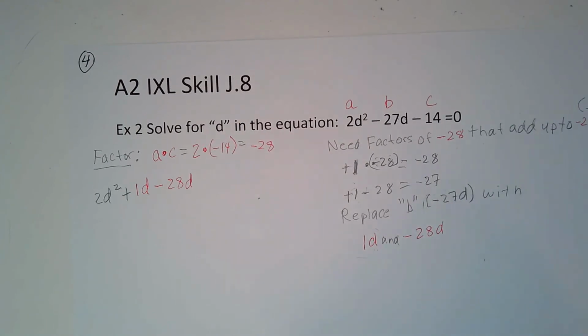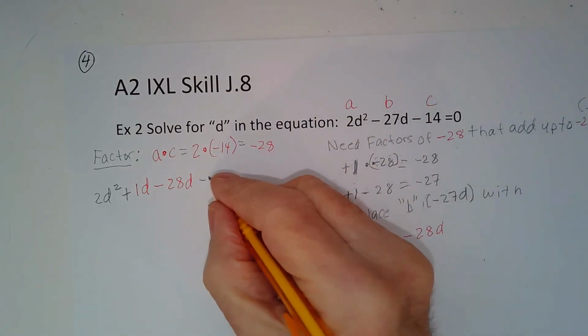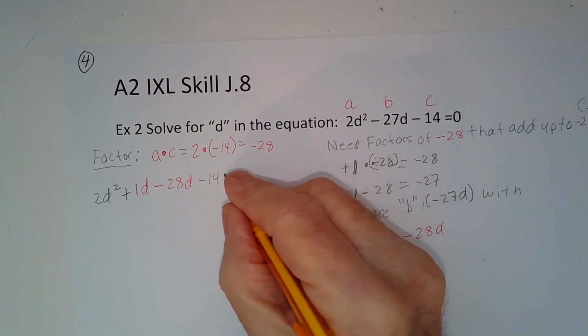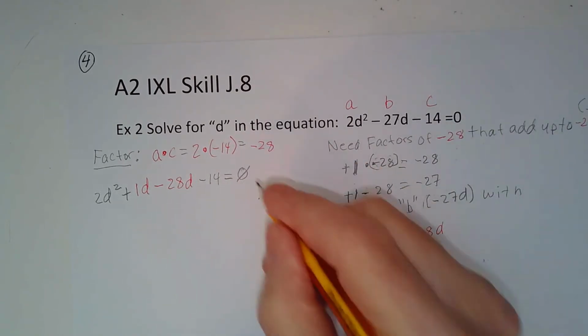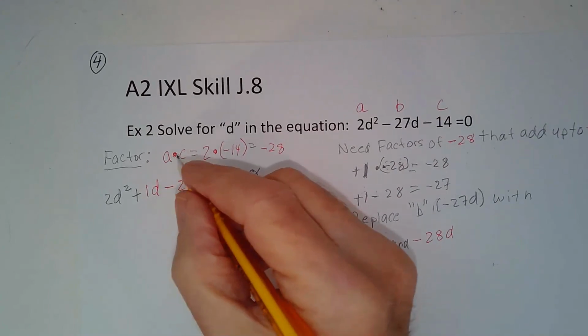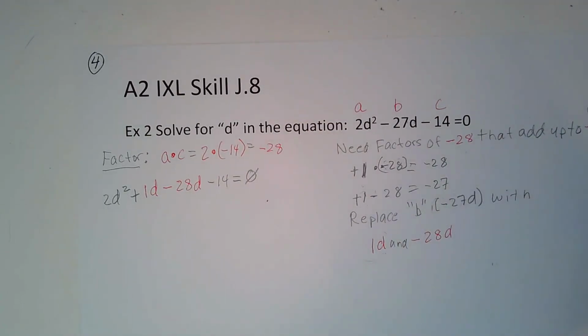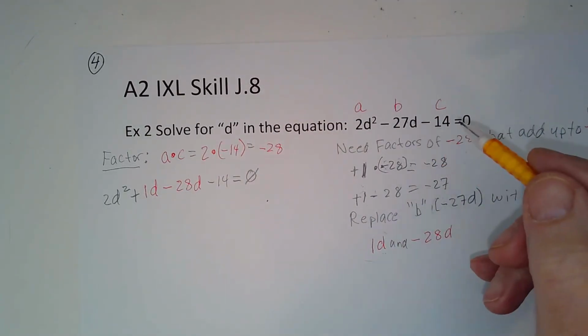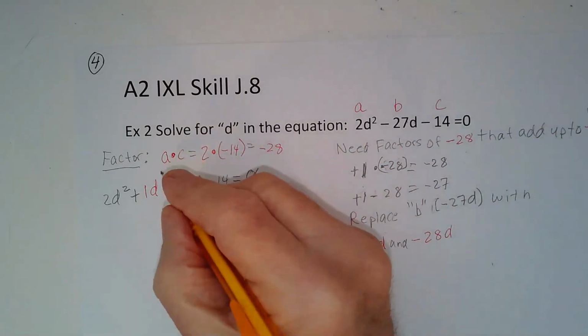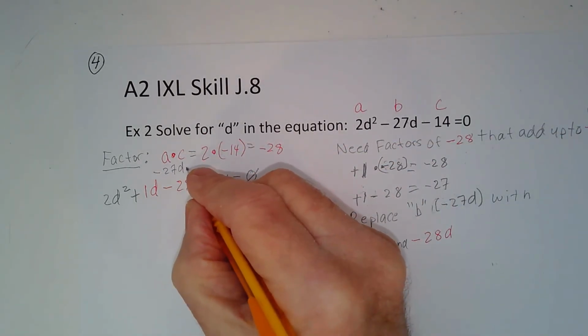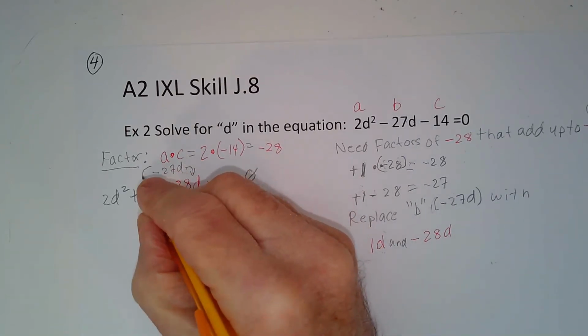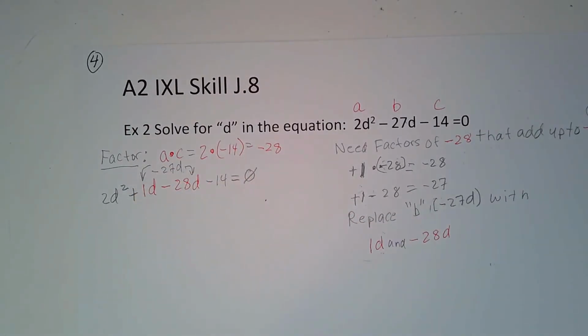And then I'm going to add the negative 14, or subtract 14, and that's going to equal 0. Okay, so you can see again, I took negative 27d, and I broke it apart into positive 1d and negative 28d.